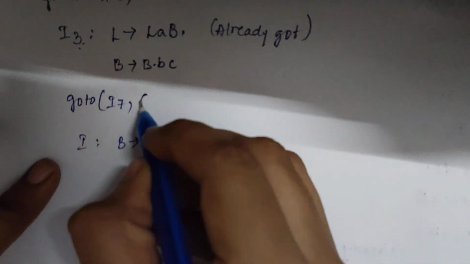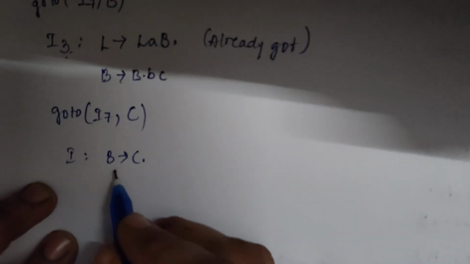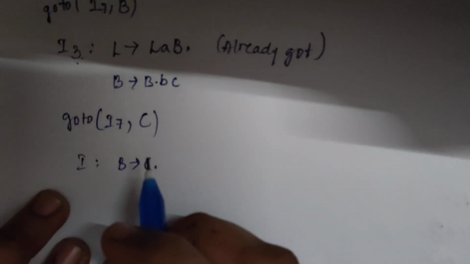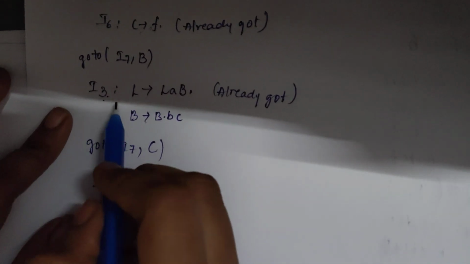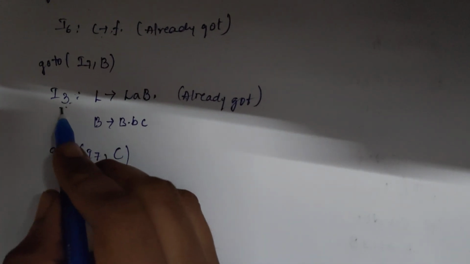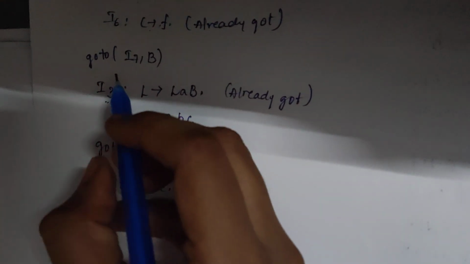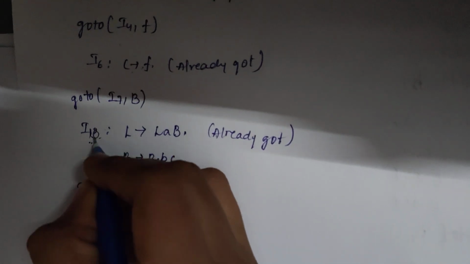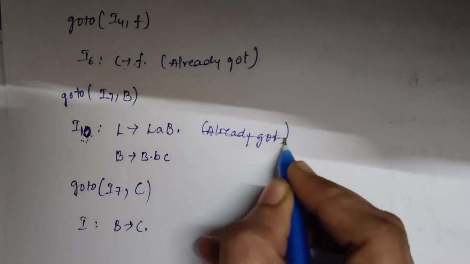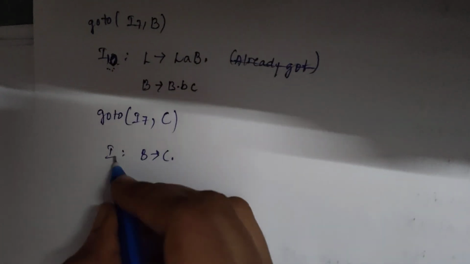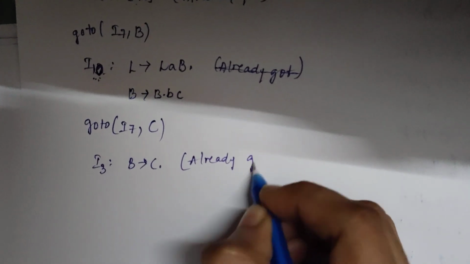Now go to I7 comma capital C. So I'm sorry, we have not got this production already. So this will be the 10th production. This is the new production, right? We have not got this production already, but we got this other production.